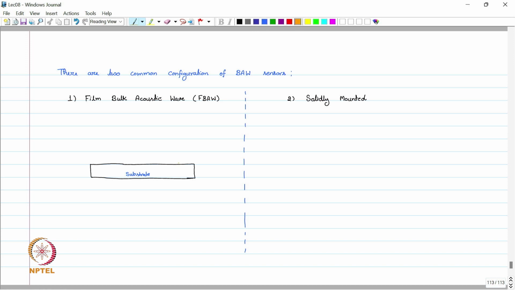On this we have the first film, this is the first metal film used as the first electrode. On top of this we have a piezoelectric material. Let's say green is my piezoelectric material.